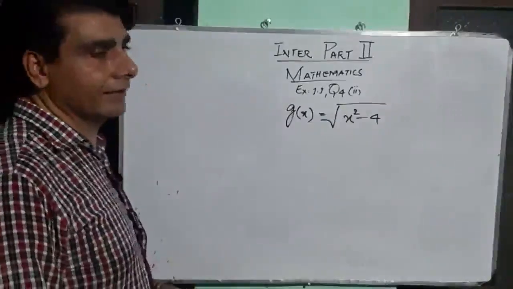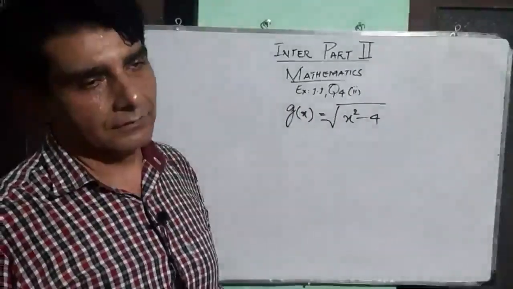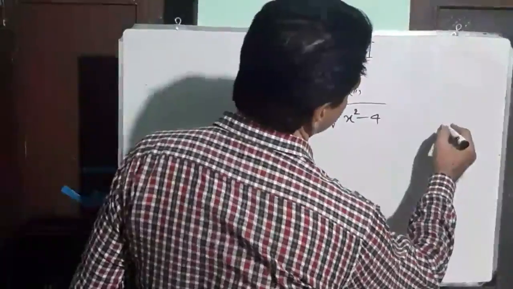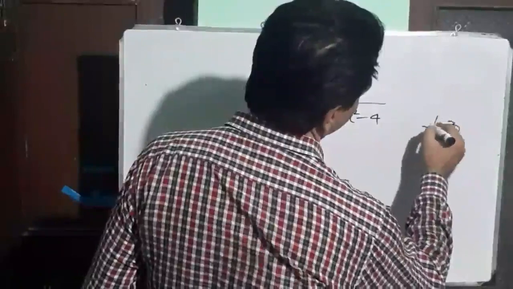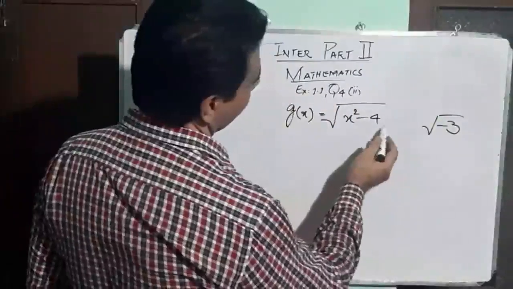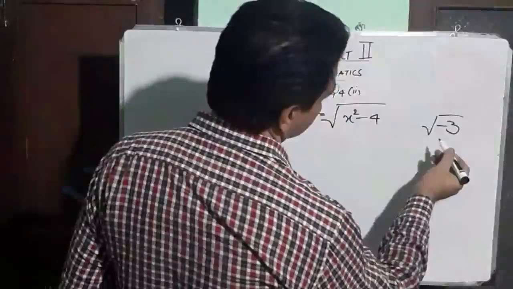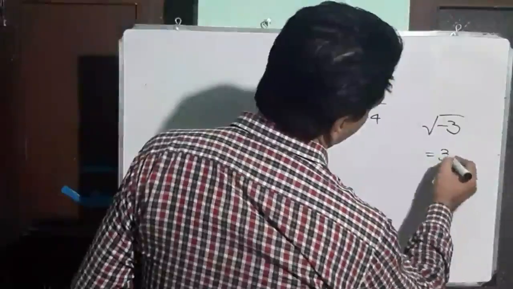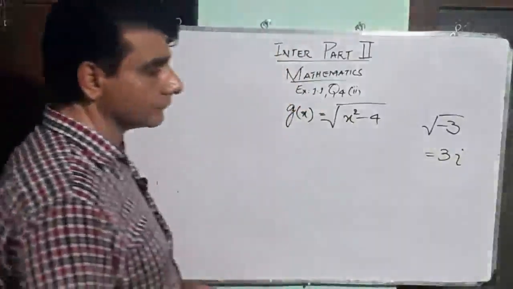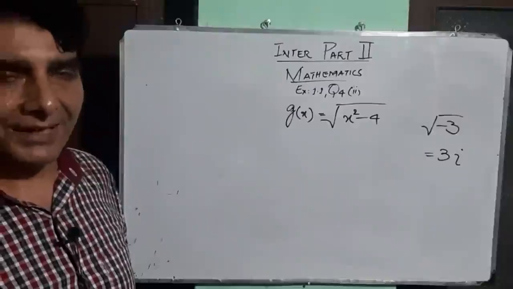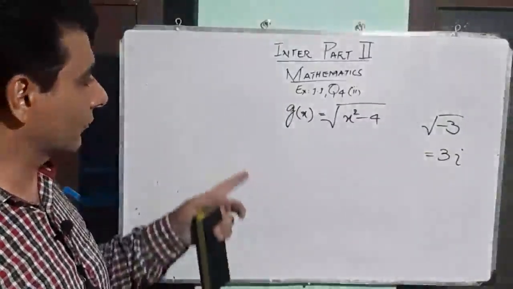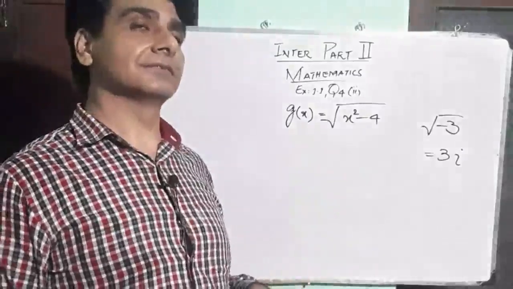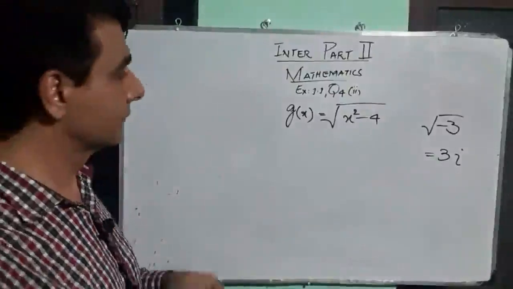Suppose we have square root of minus 9, it evaluates to minus 3, we suppose that it will be 3 iota, which belongs to complex numbers. So here the function will not be defined because we are discussing the real number system.